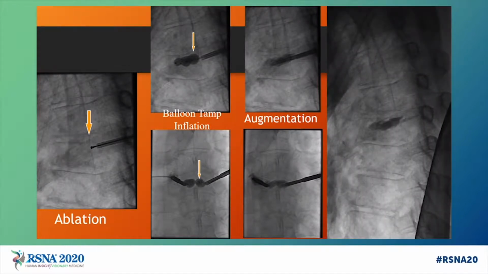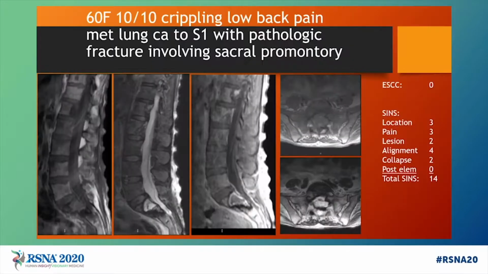Another patient with 10 out of 10 crippling low back pain. She was bedridden from her metastatic lung cancer due to this metastasis to the lumbosacral junction. Her epidural spinal cord compression scale is 0, but her SINS score is 14.